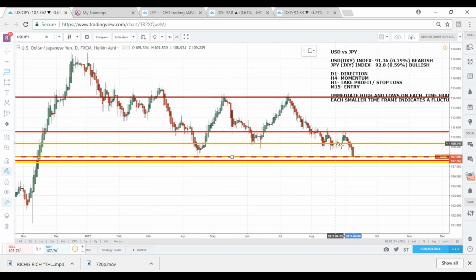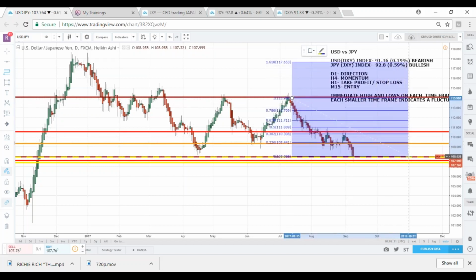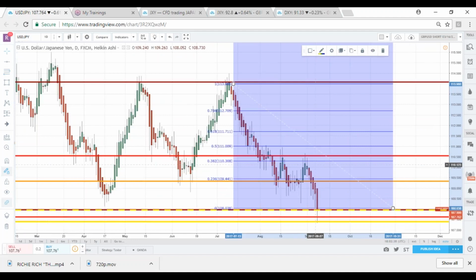Looking at the immediate time frame here, the market is pushing down, so our fibs go from that swing high to that swing low. We only draw fibs on the daily chart, the hour chart, and the 15-minute chart. We never draw fibs on the 4-hour time frame because it's already given us momentum.